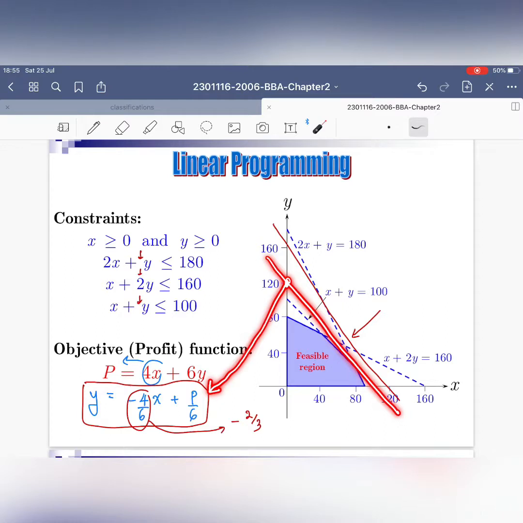And you don't really need to look at all of this. As we are not drawing to a very good scale, you may wonder whether the line should contact this one first or not.